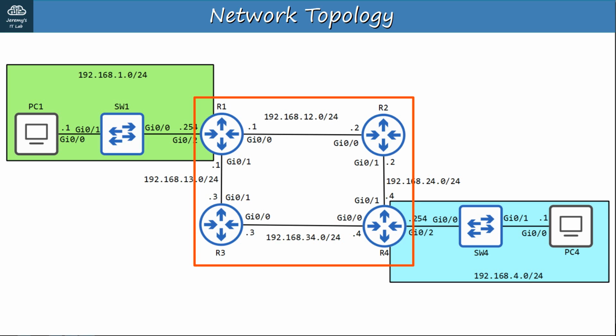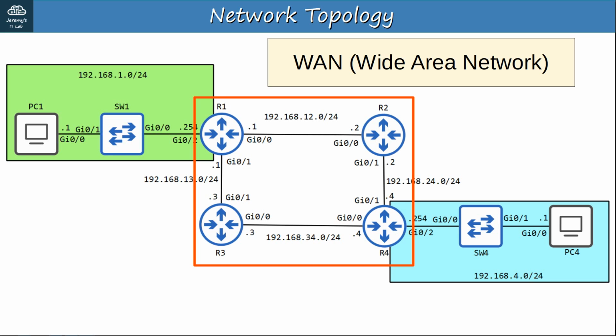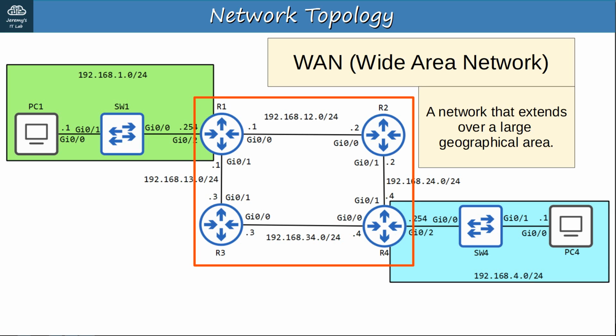Those are the LANs, but these four routers represent not a LAN, but rather a WAN, which stands for Wide Area Network. These routers could be kilometers apart, connected by single-mode fiber. Basically, the definition of a WAN is a network that spreads over a large area. Let's look at the IP addresses. Between R1 and R2 is the 192.168.12.0/24 network.